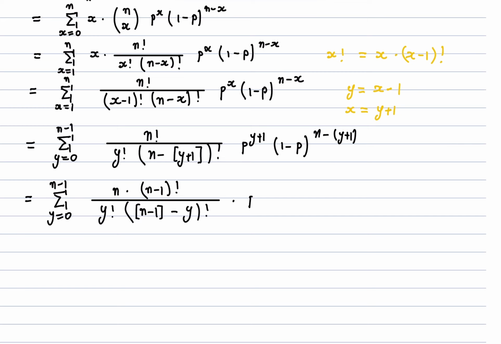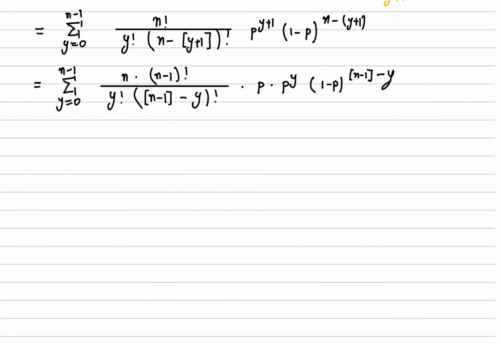We're going to take one of the p's out, and we're going to be left with p to the y. And again, we're going to rewrite this expression at the back as n minus 1 minus y. So 1 minus p to the n minus 1 minus y.